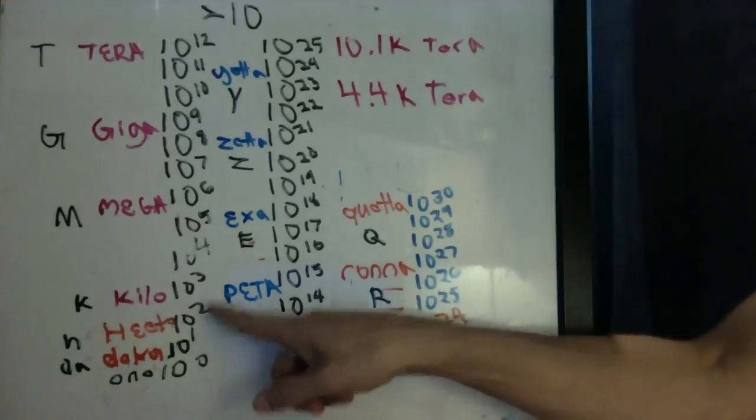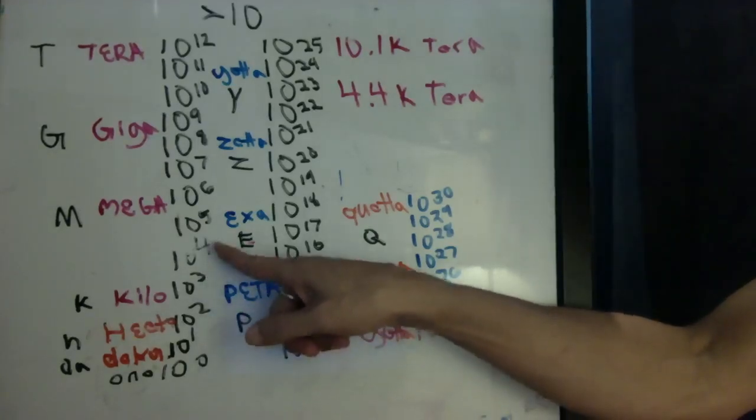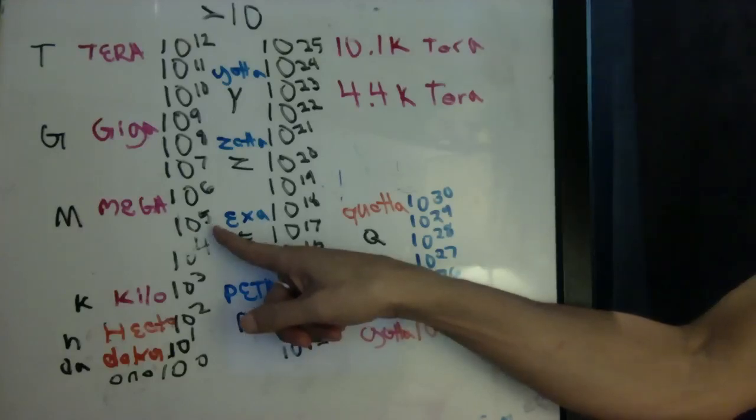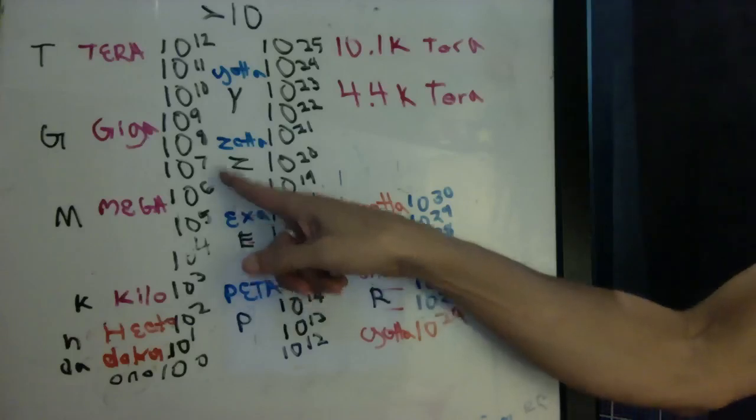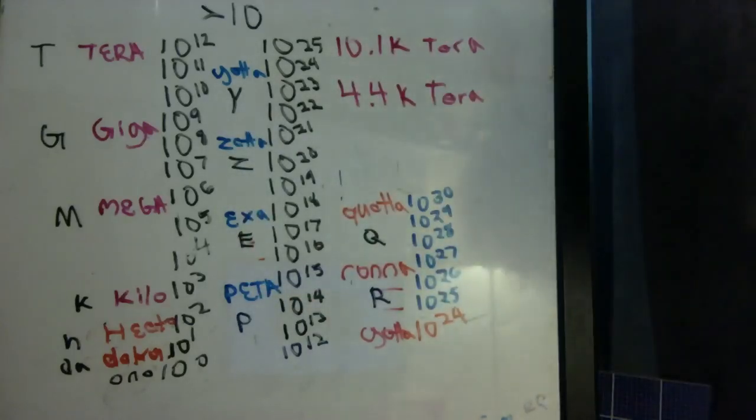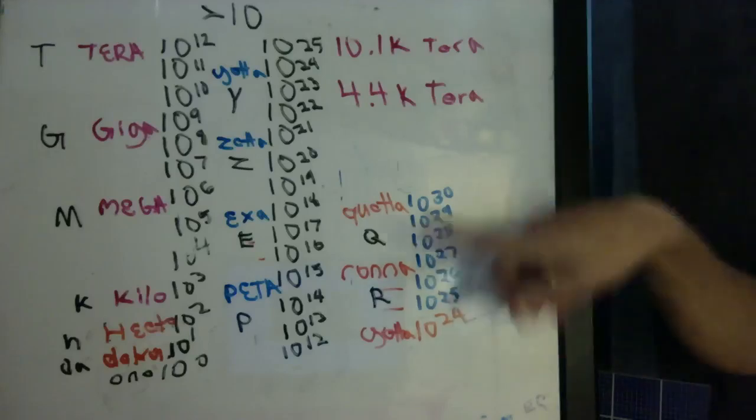But 1, 10, 100, 1,000, 10,000, million, right? Okay, they all have names. And you get million, billion, trillion, quadrillion, quintillion, sextillion, septillion, octillion, and nonillion.